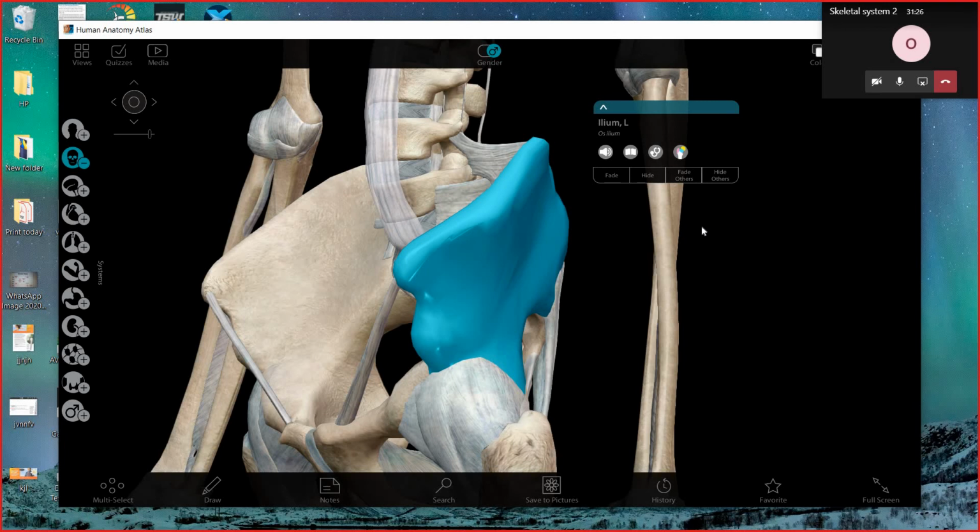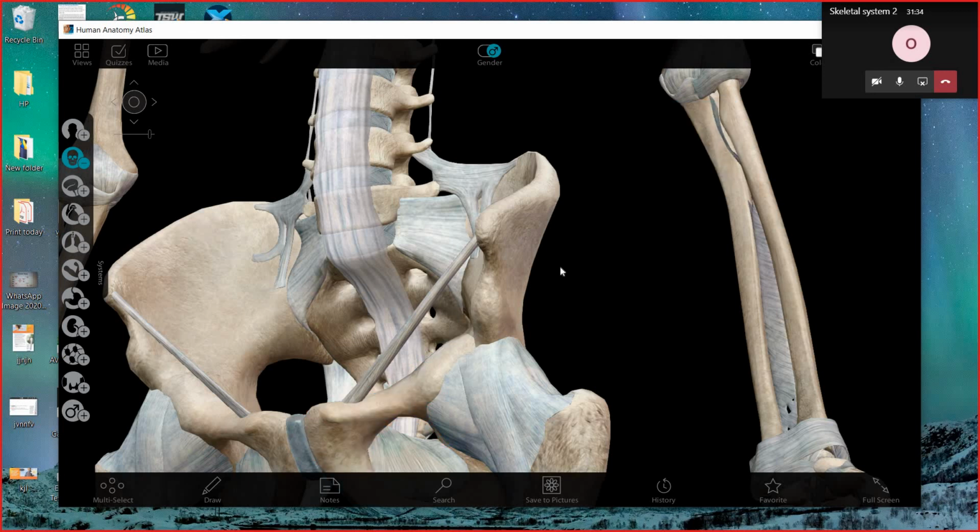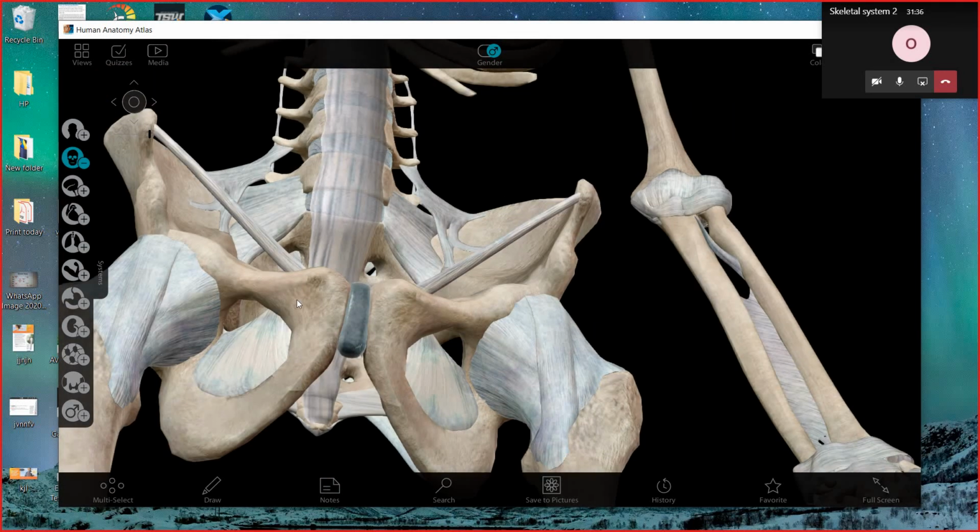And then here we have the bone of the pubic region. This is pubis, or the pubic region, and then the pelvis.